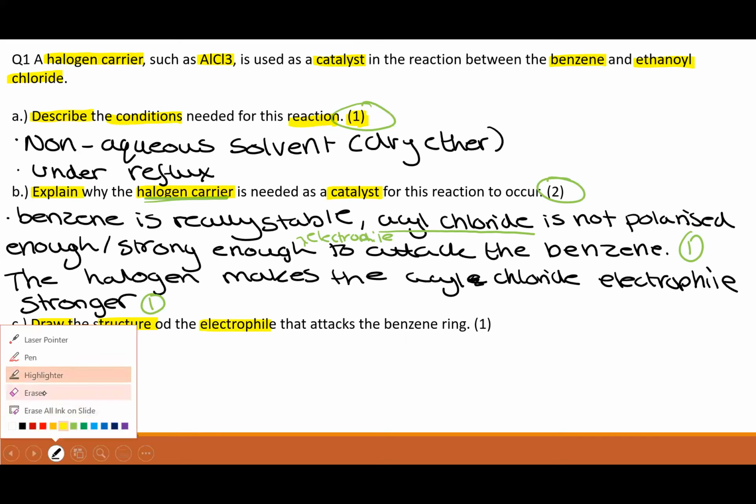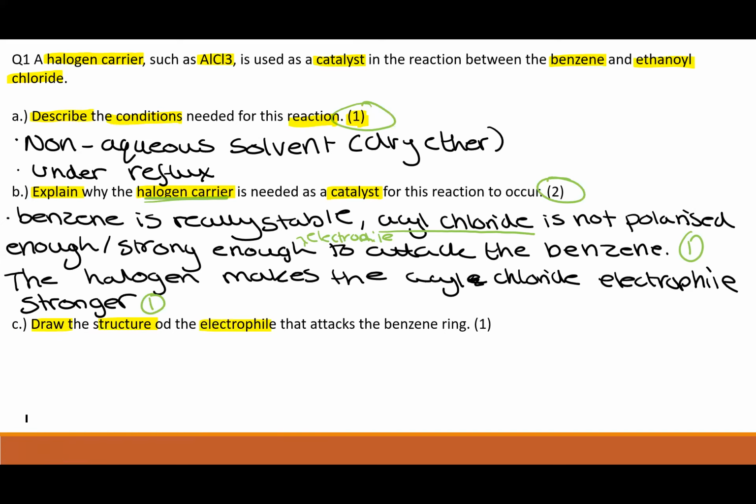We're told our halogen carrier is aluminium chloride, so this is what it would look like. Remember, at this point it's a carbocation, so we've got that positive charge on our carbon with the oxygen there, and that will get you 1 mark.